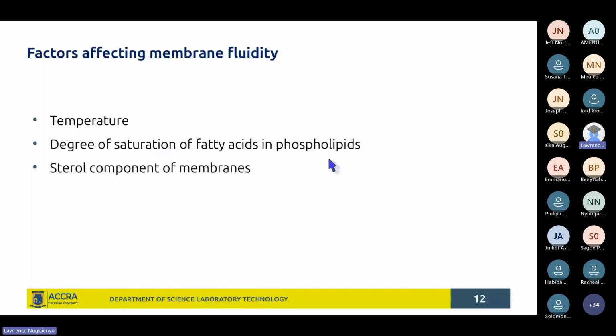Then lastly, what we have just seen is that the sterol component of membranes can also affect the fluidity of the membranes. So you have these three major factors that can affect membrane fluidity.